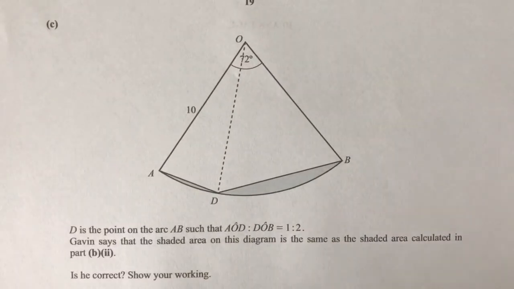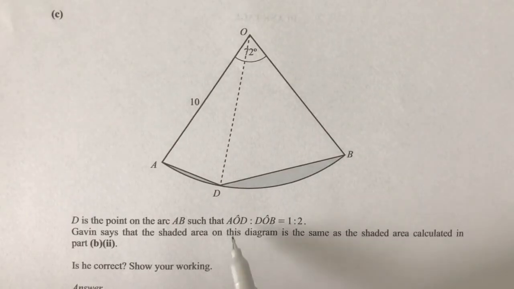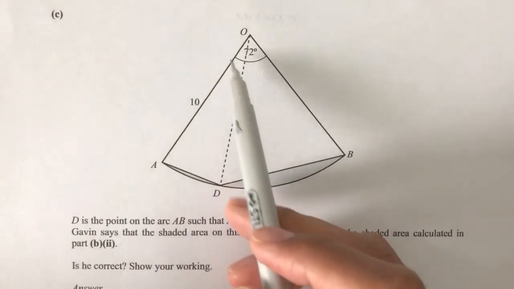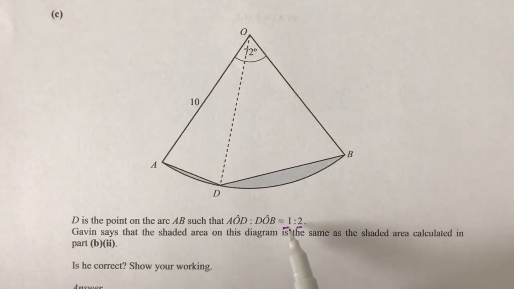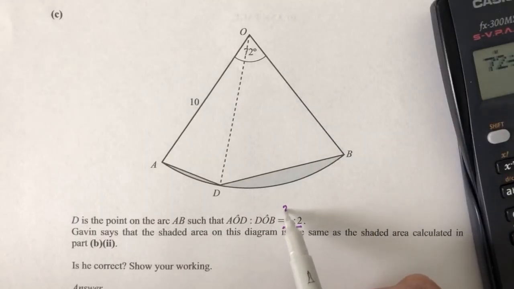Now moving on to part C. It says D is a point on arc AB such that AOD to DOB is 1 to 2, which means this is 3 shares. What is one share? 72 divided by 3, that will become 24.